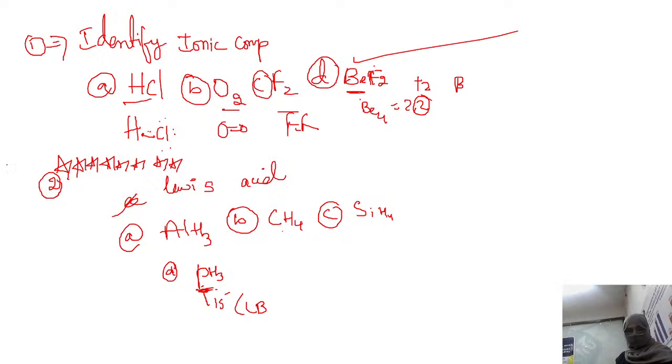Silicon, you can check in your periodic table that it belongs to group 14. Carbon belongs to group 14. Aluminium, boron, aluminium, gallium, indium, thallium. Aluminium belongs to group 13. Group 13 compounds are Lewis acid, group 15 are Lewis base. So the answer is A.